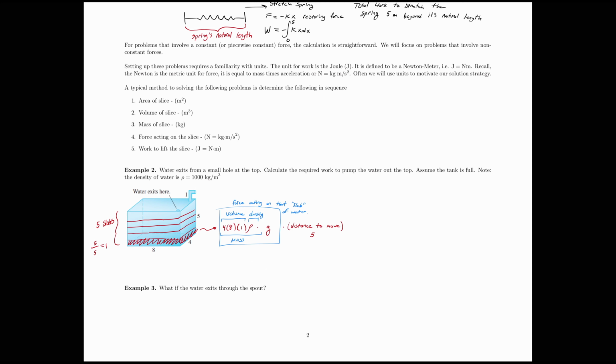Then you multiply by the acceleration due to gravity to find the force acting on that mass. Then you multiply by the distance to move to find the work needed to lift that slab.